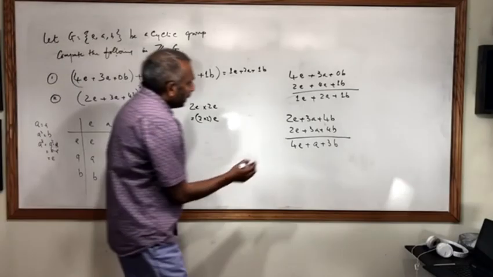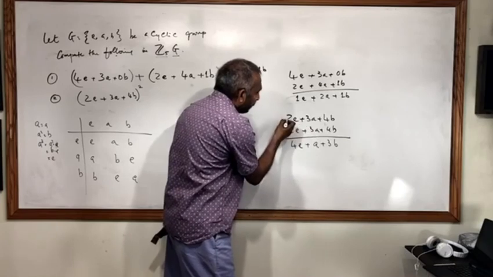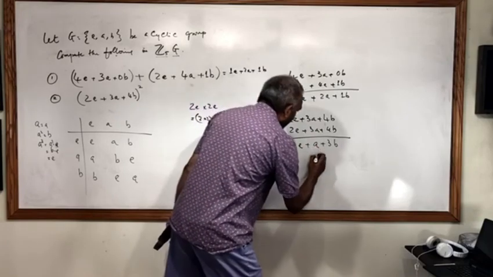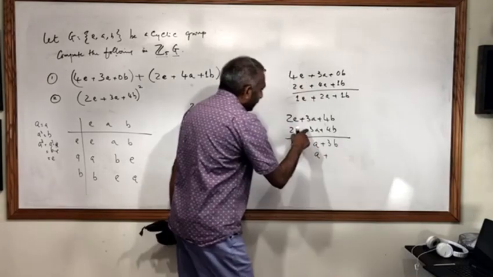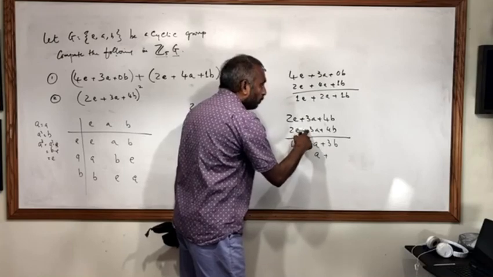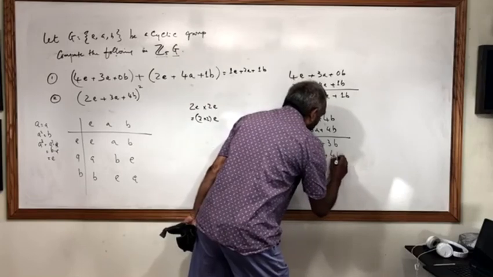So when you multiply here, this will be 6a, that is a. This will be 9a squared, 9 is 4, a squared is b, so 4b.